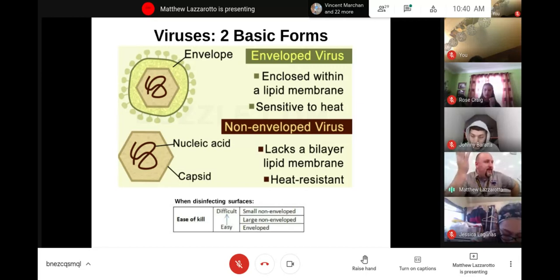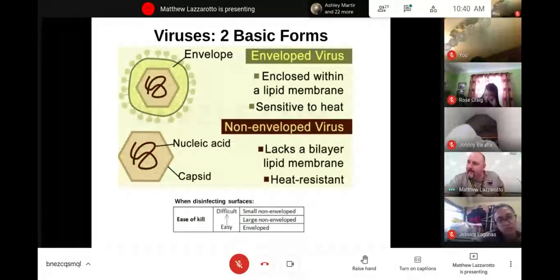Now, thankfully, if you have an enveloped virus variant, those are easier to kill. So when you're disinfecting your surface, like in your kitchen or in the classroom here, right? We have to wipe down our desks now.